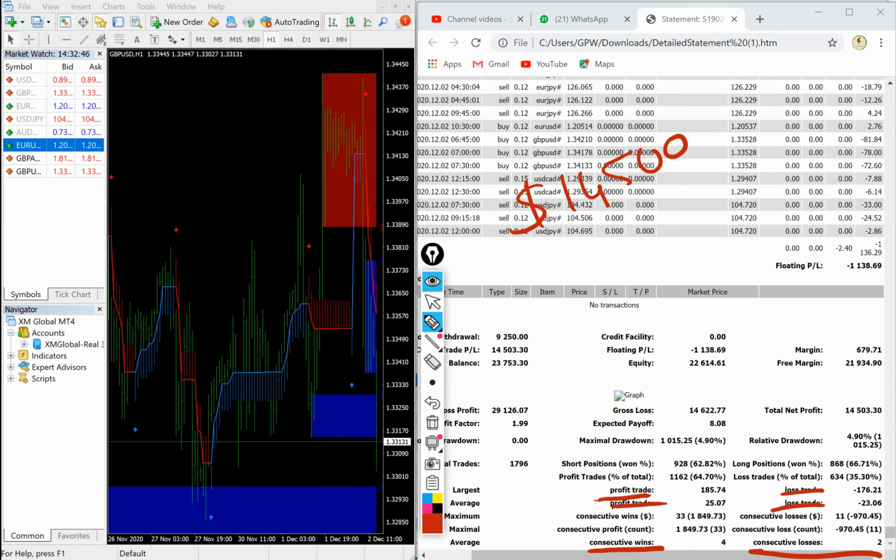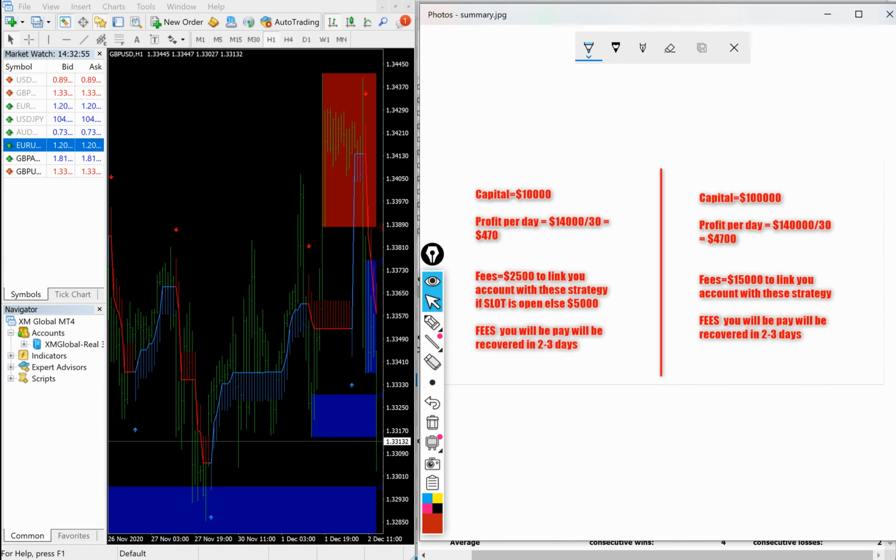So understand this. Now at the end I would like to explain the summary of the account. This is the summary of the account, where you can see that this was an account of $10,000. Almost 14,000 profit, and 1796 trades were placed on this account.